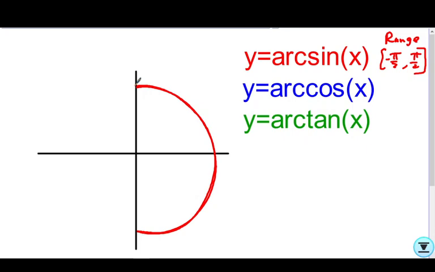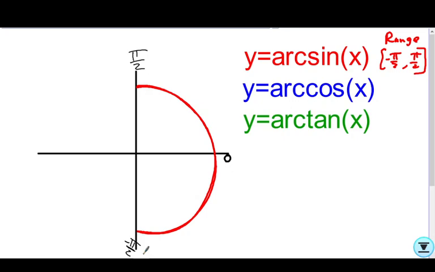Because when we label our unit circle, if this is 0 right here, this is pi/2, and this is -pi/2. Because if you remember, when we do angles, positive direction we go counterclockwise, negative direction we go clockwise.